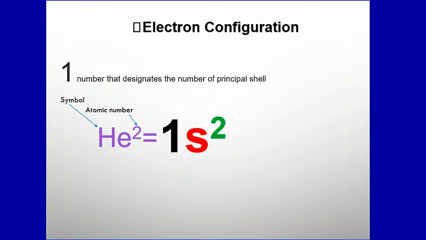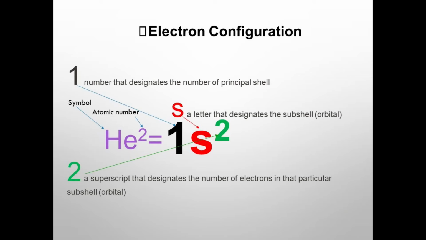Number 1 here is the number that designates the principal shell. S is a letter that designates the subshell. Number 2 here is a superscript that designates the number of electrons in that particular subshell or orbital.